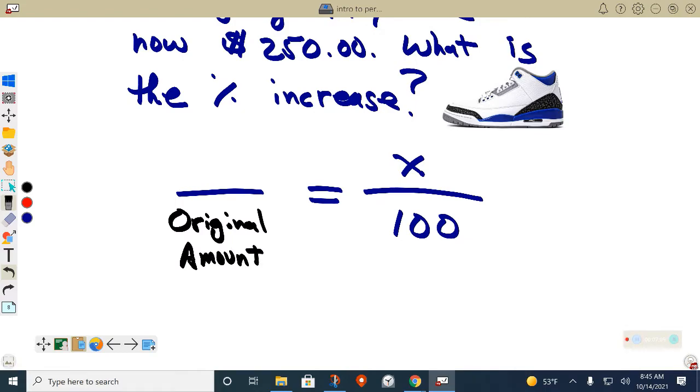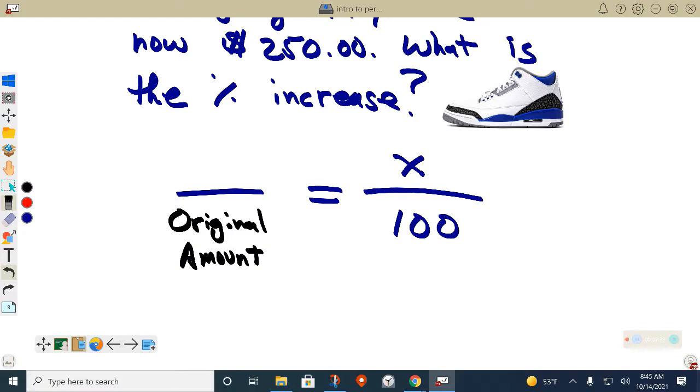The original amount of whatever you're dealing with goes in the lower left, whether it's the price of eggs, a car, a home, or in this case Air Jordans. Because that's where the movement takes place from. The movement in price either goes up from the original or down from the original.